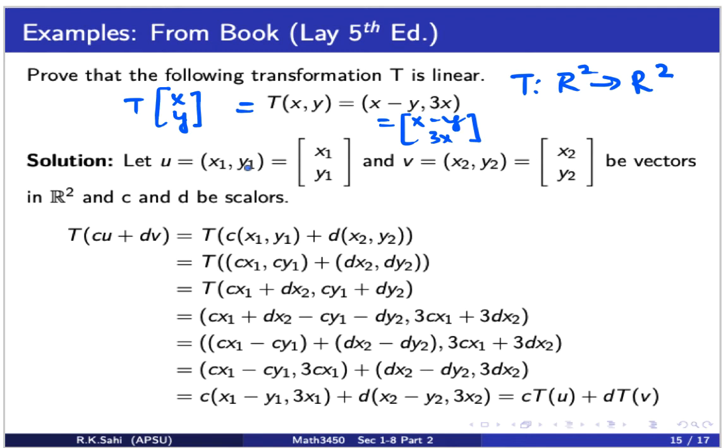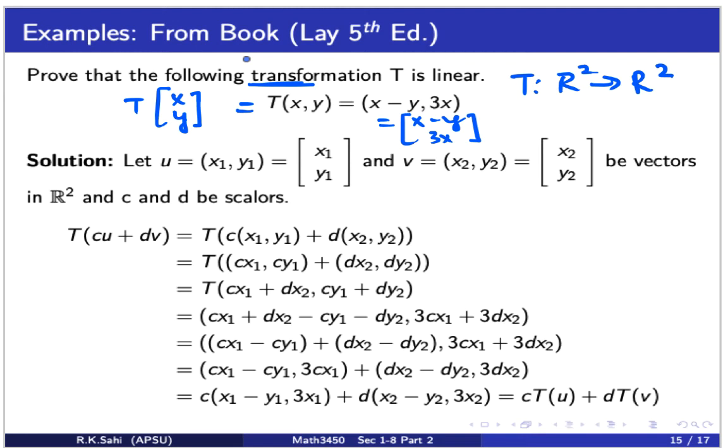And when you look at this one, that means T is a linear transformation. You have to prove that this transformation is linear. And transformation means a mapping from one set to another set. So when I look at it in this form, I see it's an element of R2 going to R2. Remember, the word is prove that this following transformation is linear.